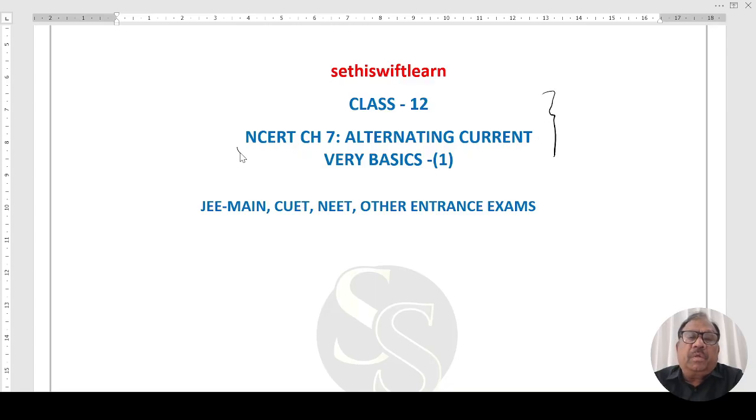NCERT Chapter 7, Class 12 Physics, topic alternating current, very basics will be cleared through illustration.